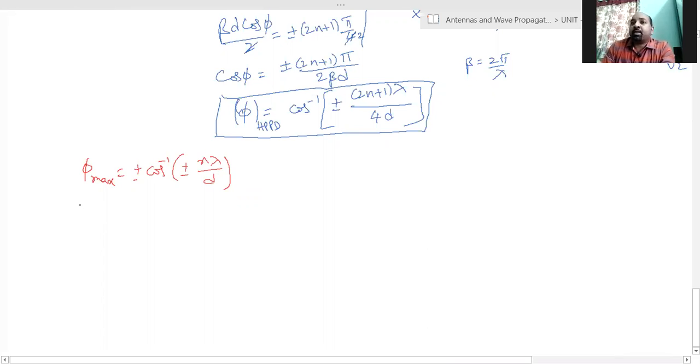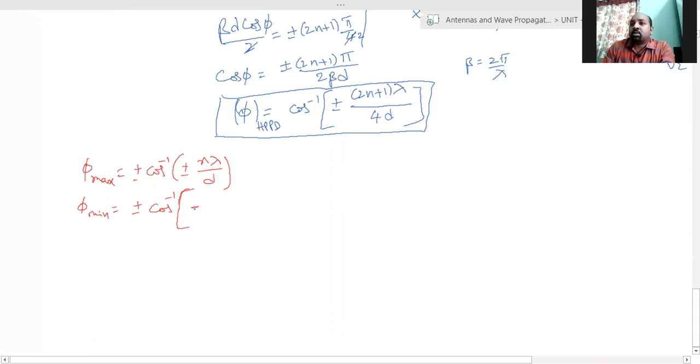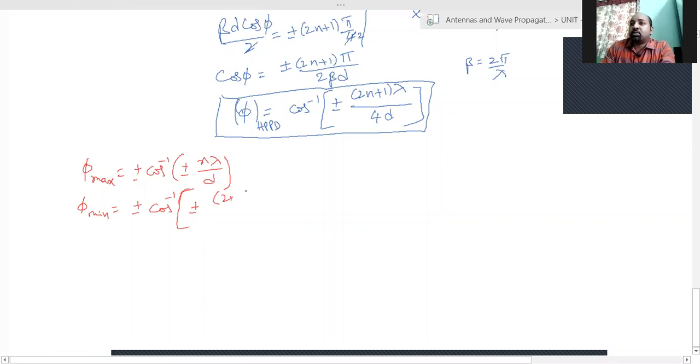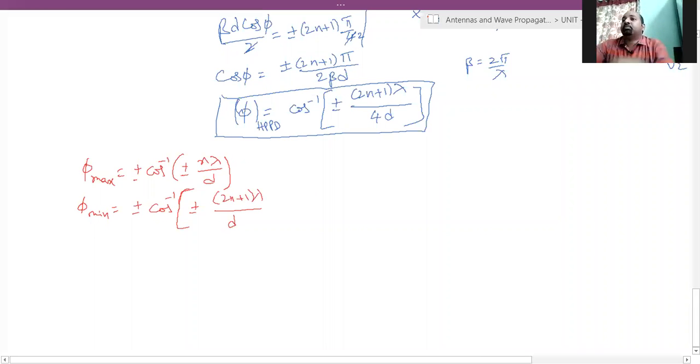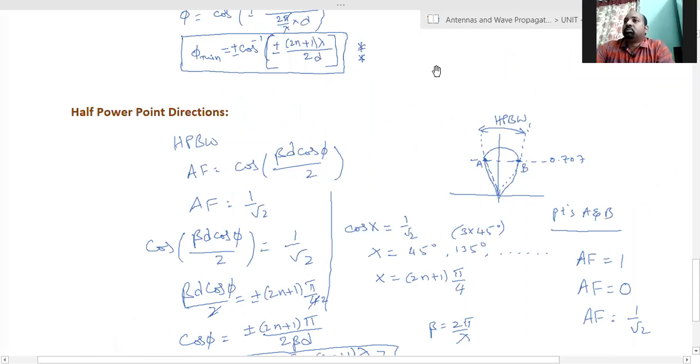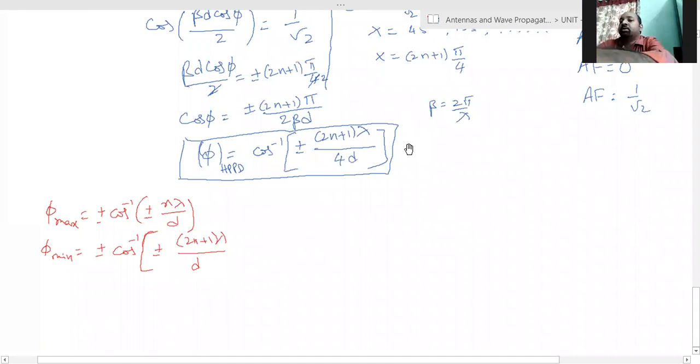And phi minimum is equal to plus or minus (2n plus 1) lambda by 2d.